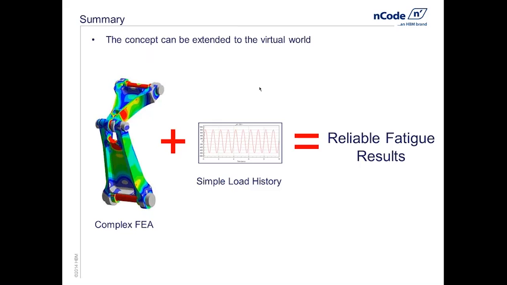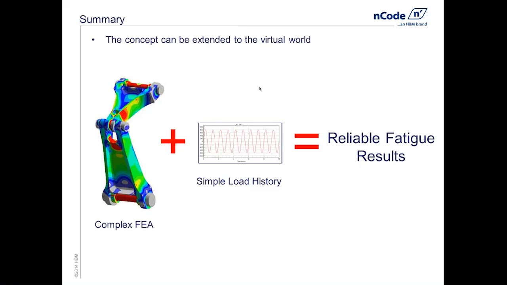Okay, and again, this concept does have a parallel in the virtual world. The key here is that in FEA, we need to do whatever it takes to accurately capture our stresses, wherever they come from, be it contact forces or thermal forces or nonlinear loading forces or whatever it is. We need to get these reliable stresses.